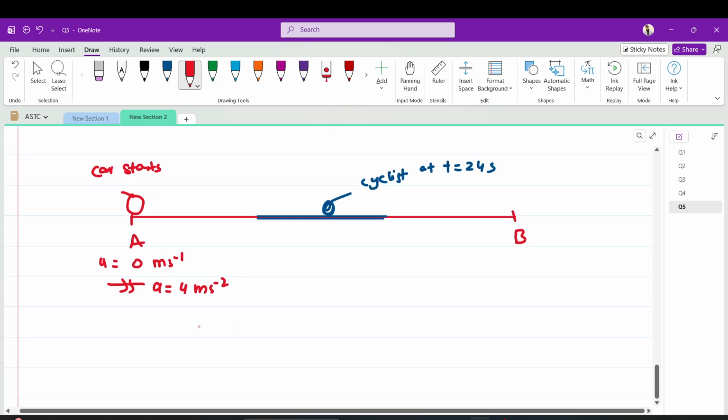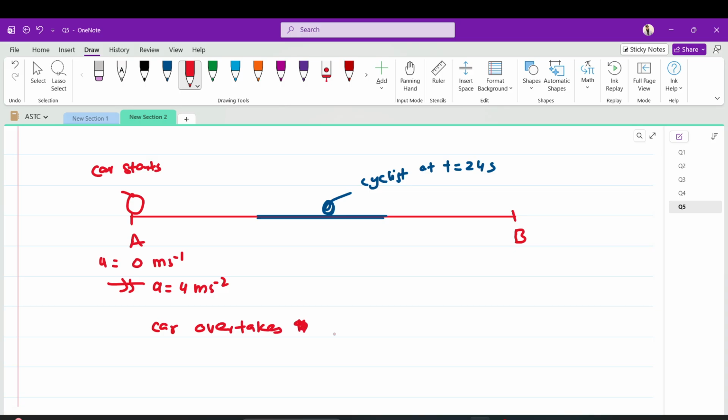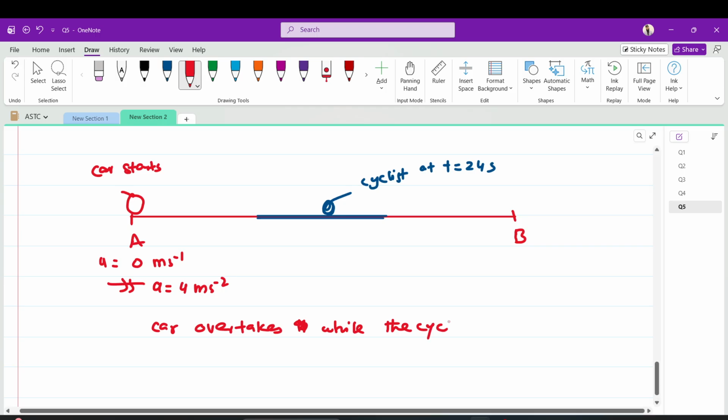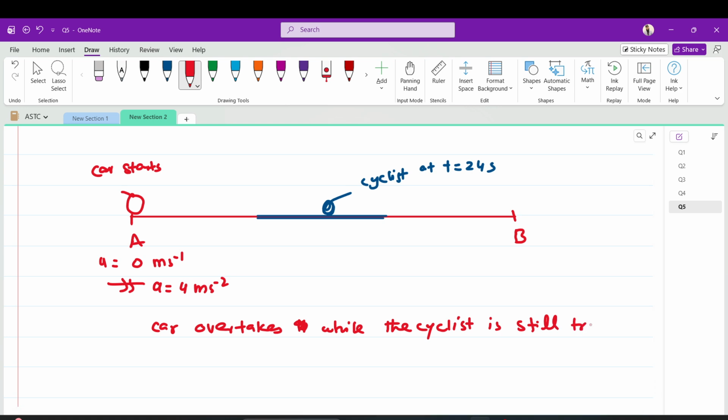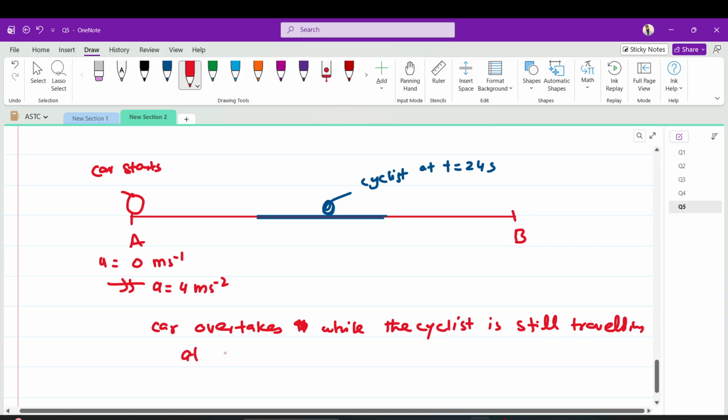So the car overtakes while the cyclist is still traveling at constant speed.